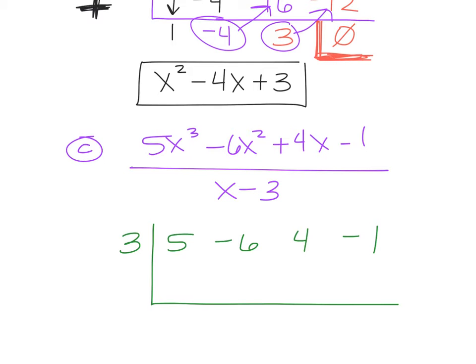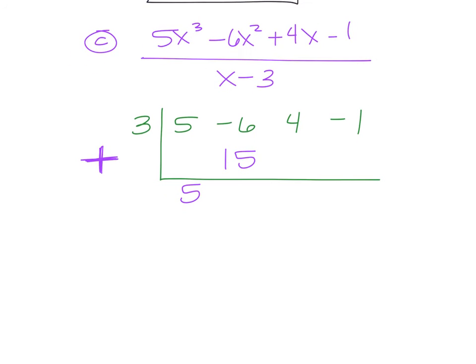What's going to go here? 5. You just bring down that first number. Okay. Now we multiply. 3 times 5 is 15. Add or subtract? Add. Okay. So negative 6 plus 15 is 9. 3 times 9 is 27. 4 plus 27 is 31.